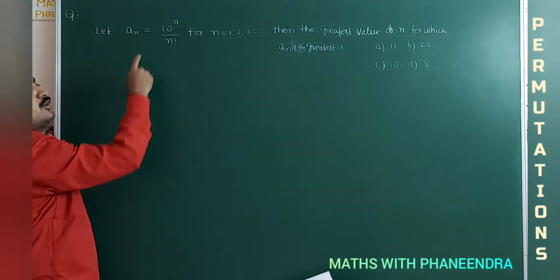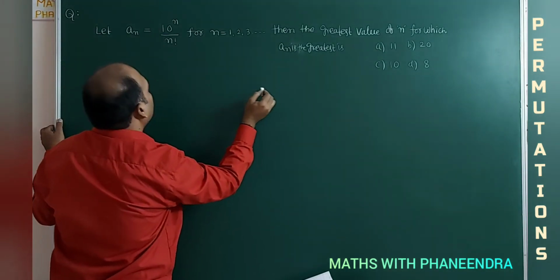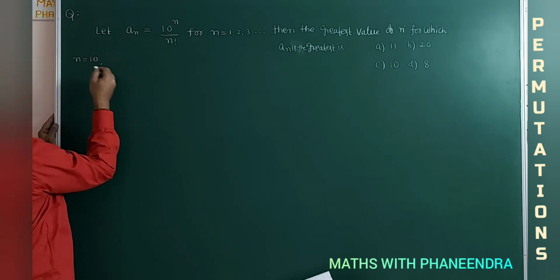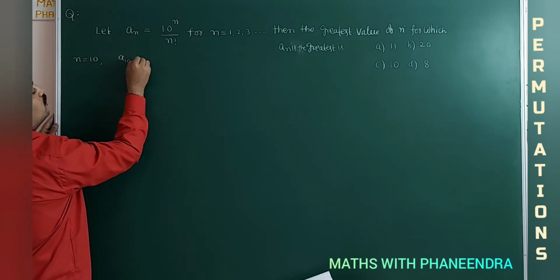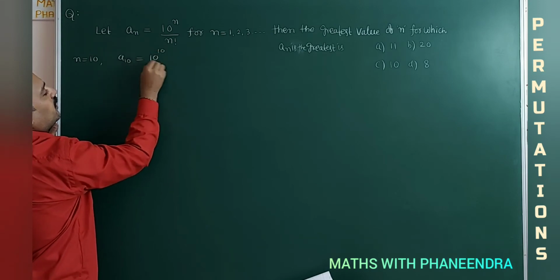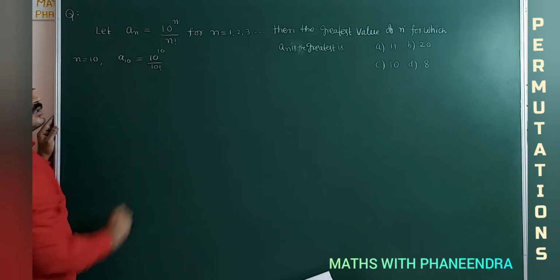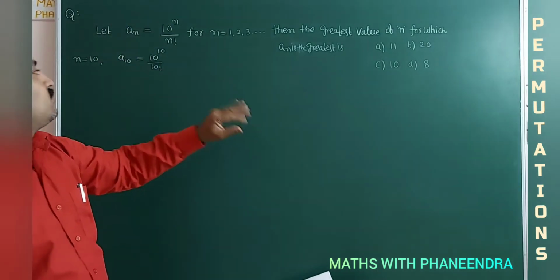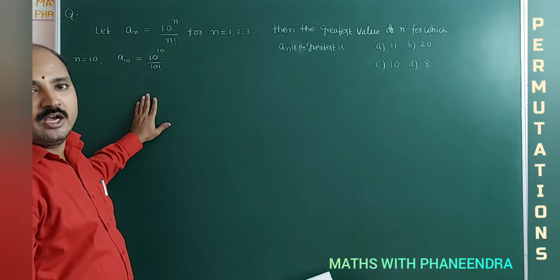So here 10 is there now. First calculate the a10 value. Substitute n equal to 10: a10 is equal to 10 power 10 by 10 factorial. 10 power 10 means 10 into 10 into and so on, 10 times, by 10 factorial. That is the value.